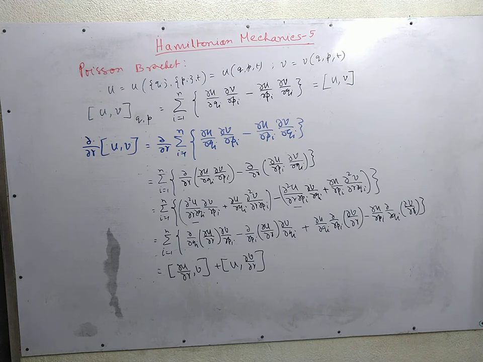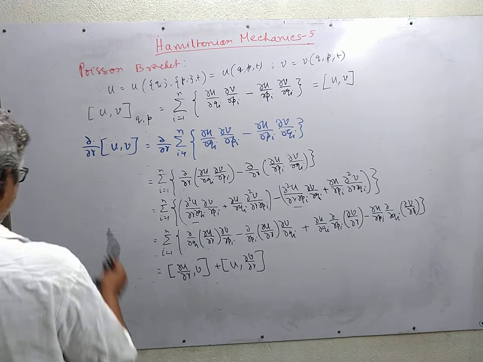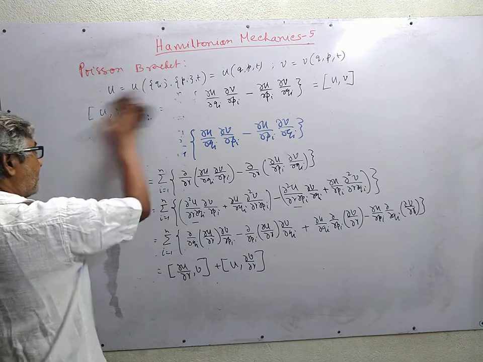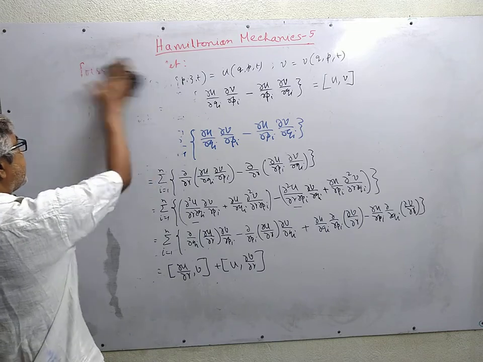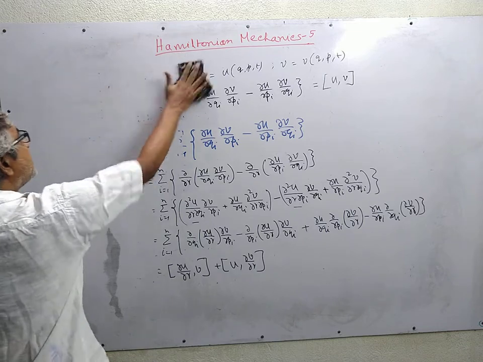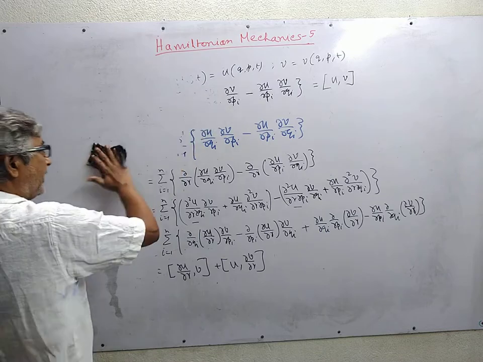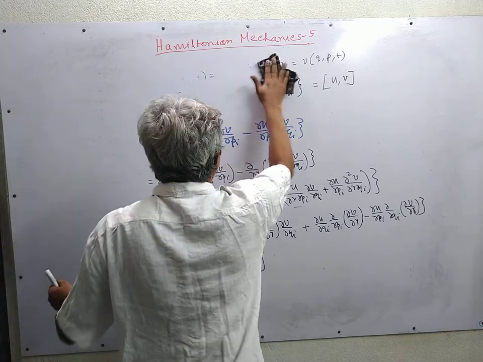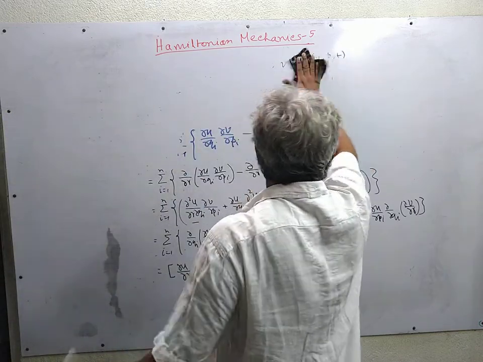Now we shall consider these are some basic properties of Poisson bracket, which will be used in the course of this lecture. Now we come to what is known as the fundamental or elementary Poisson bracket.